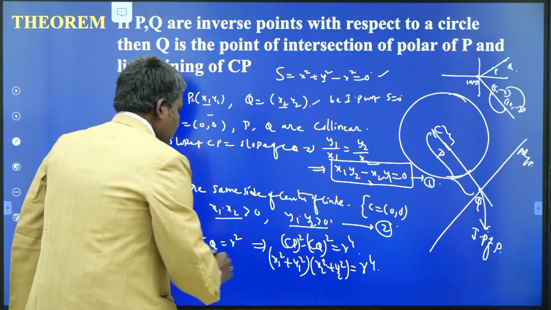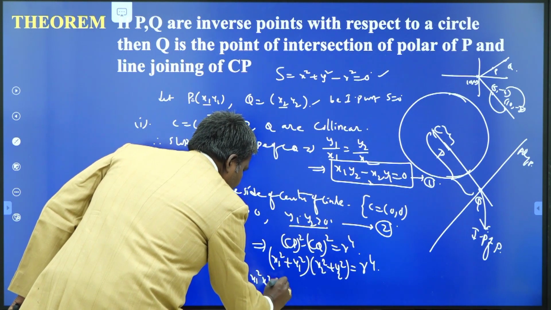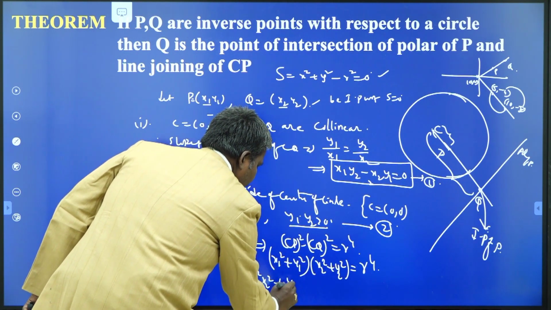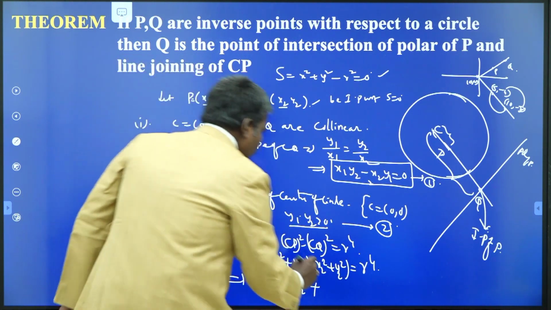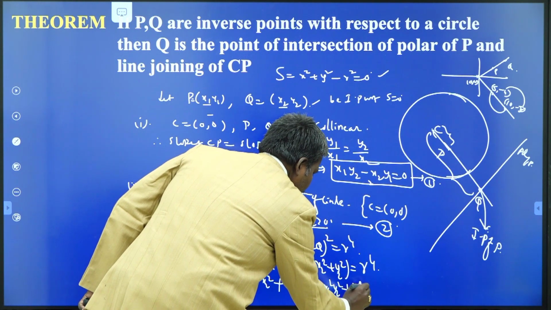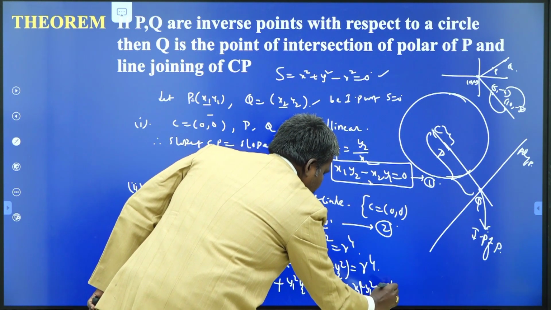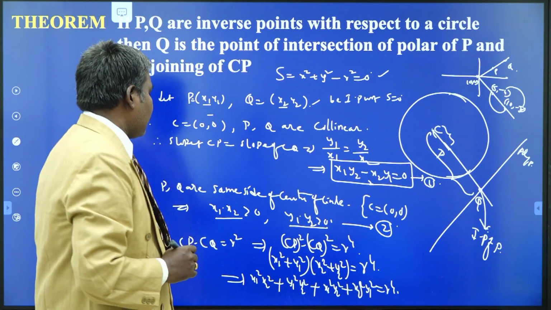By multiplying out, x1 square x2 square plus y1 square y2 square plus x1 square y2 square plus x2 square y1 square is equal to r power 4.